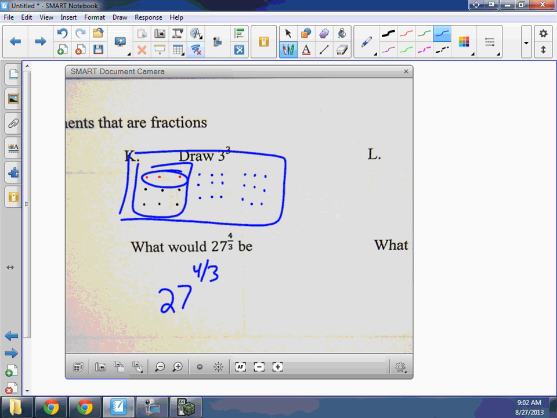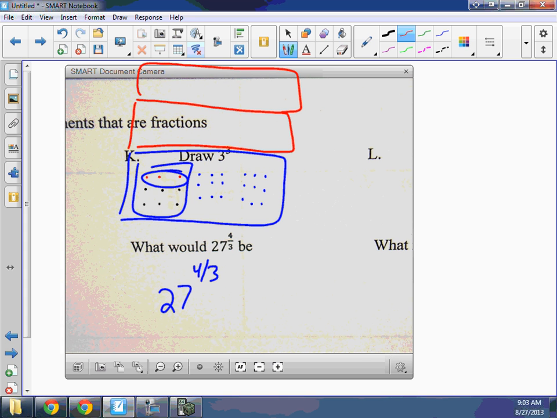So what is the next triple going to look like? It's going to be 3 versions of 27. So how many is going to be in that group? 81. So let's try it.